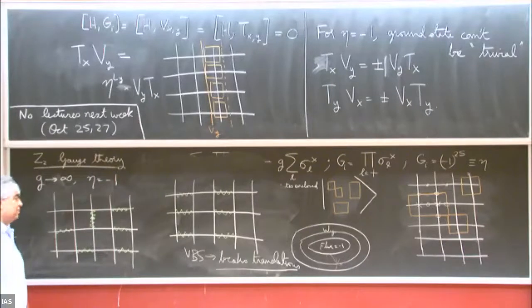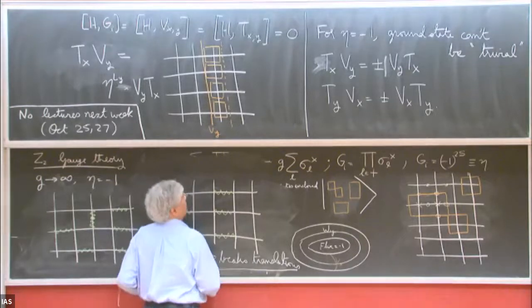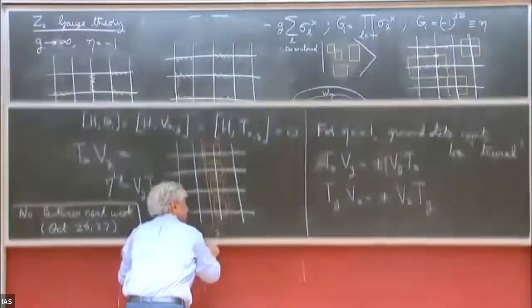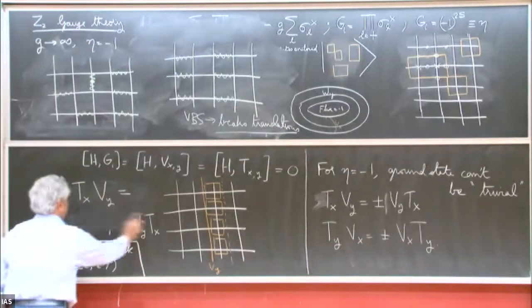But I'm going to show you a continuum formalism, which hopefully will make that clear. Okay, so the question I want to address now is the nature of the phase transition. So as a function of g, now we have a phase diagram.